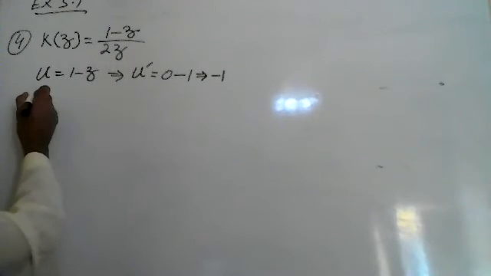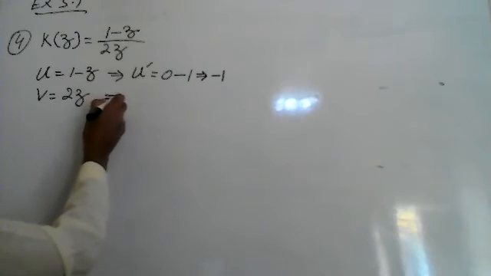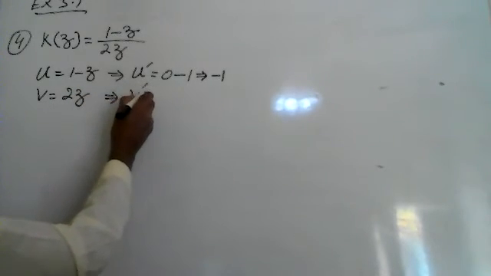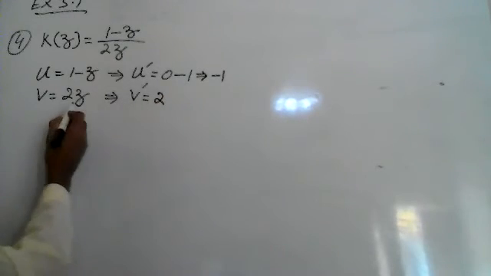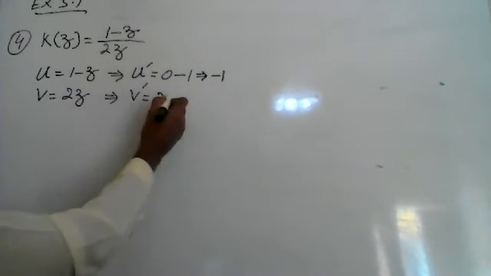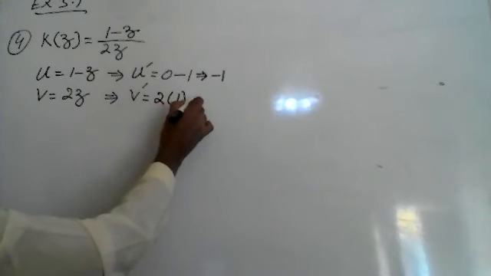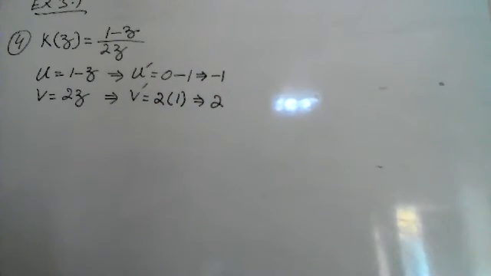In the same way, v is equal to 2z. For v dash, 2 is a constant, and the derivative of z, as I wrote over there, is 1. The answer is 2.